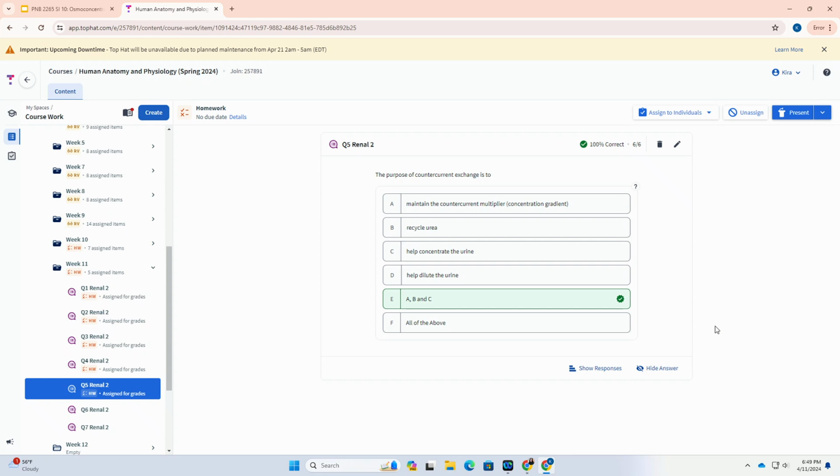It helps recycle urea and concentrate the urine.